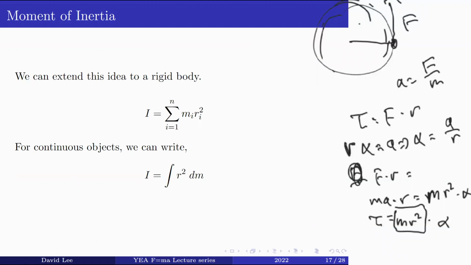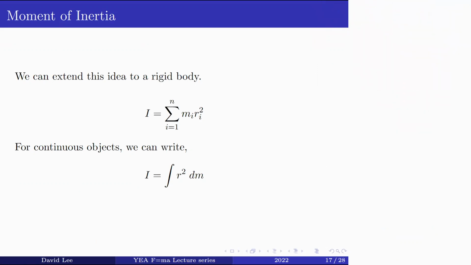So for a rigid body that's a collection of different masses, instead we'll have the sum of these. And something important to point out is that all of the rotational quantities are relative to a certain axis. So let's say we're spinning around this axis.